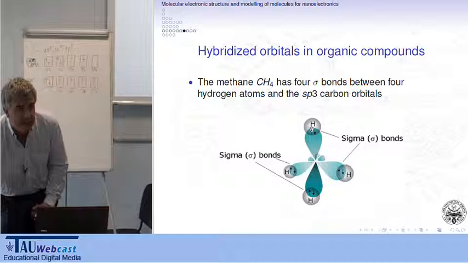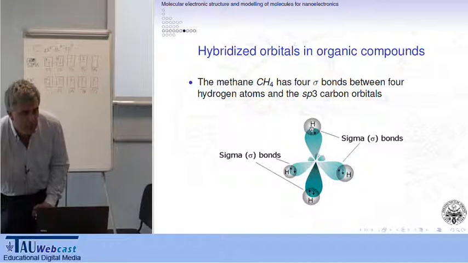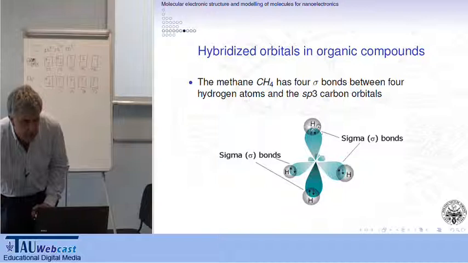A sigma bond is exactly what we discovered for the H2 molecule, because again we have a covalent bond between hydrogen and one of the 4 sp3 orbitals.